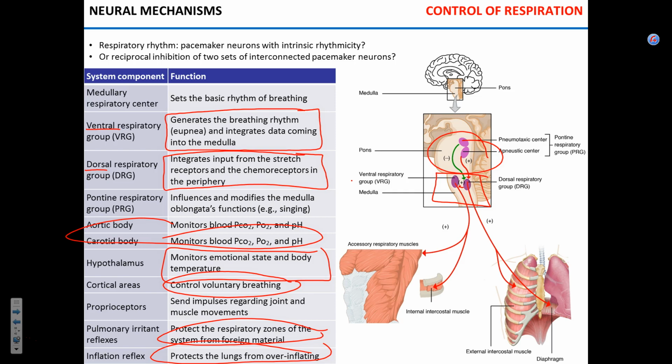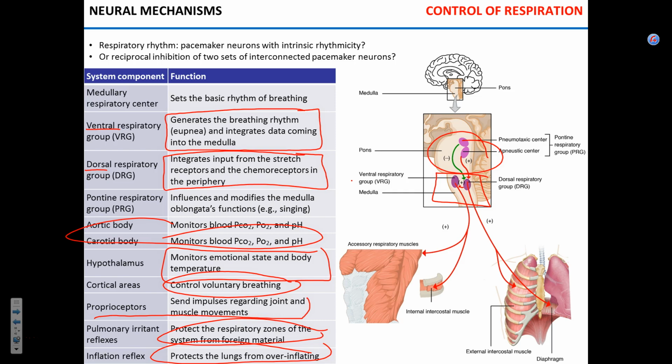Does that make sense? Now, proprioceptors, I want to mention them last. You may say, hold on a second. How are proprioceptors involved in the regulation of respiratory rate? So, proprioceptors detect movements of joints and contraction of muscles.